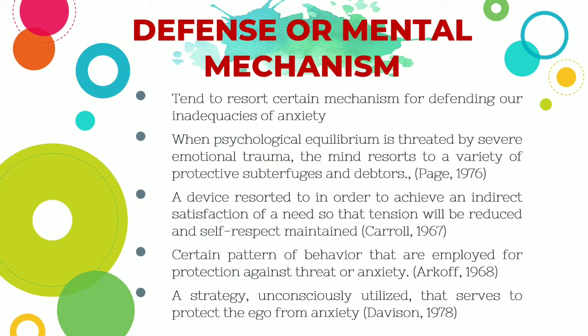According to Page, 1976, when psychological equilibrium is threatened by severe emotional trauma, the mind resorts to a variety of protective subterfuges and defenses. While according to Carroll, 1967, it is a device resorted to in order to achieve an indirect satisfaction of a need so that tension will be reduced and self-respect maintained.